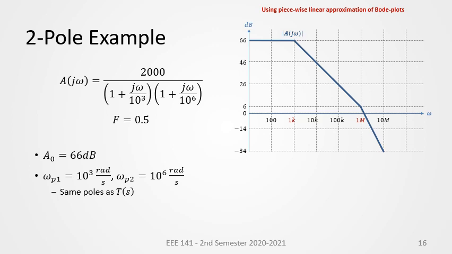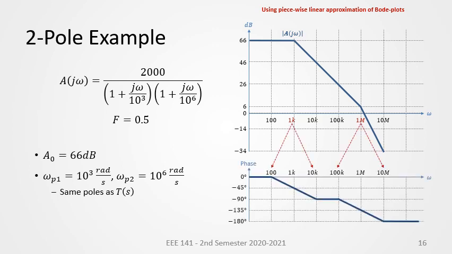Note that there are 3 decades from 1k to 1 meg, so the gain goes down from 66 to 6 dB. We also note that these frequencies will be the same pole frequencies for the loop gain since F is just a constant. So again, the poles of the open loop gain are just the same poles for the loop gain.